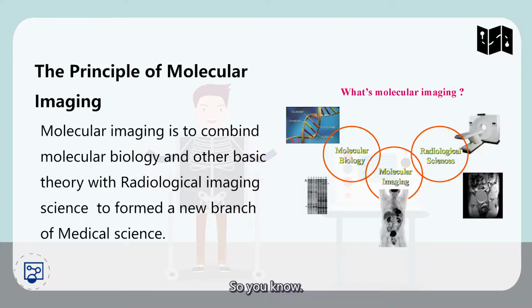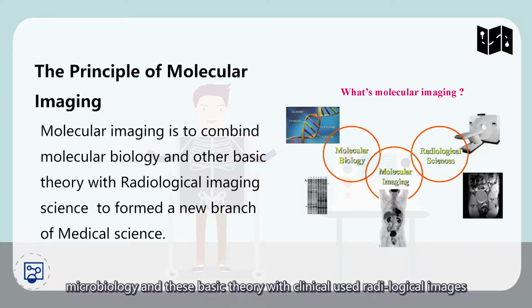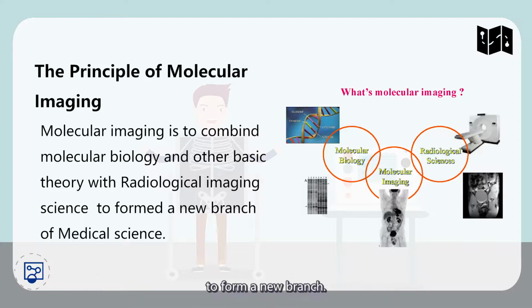So you know the principle of molecular imaging combines two things. One is basic science, molecular biology, immunology, microbiology, and this basic science is combined with clinically used radiological imaging science to form a new branch, like these figures showed.